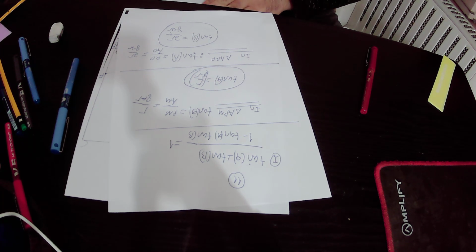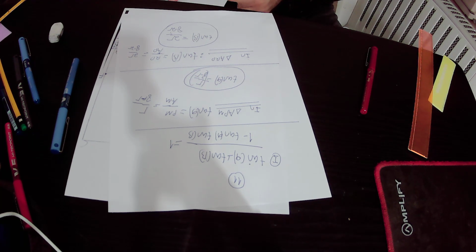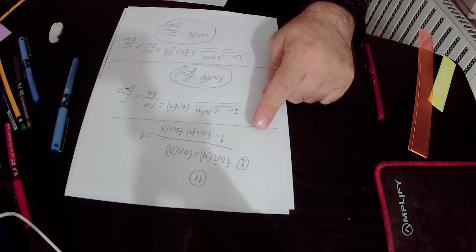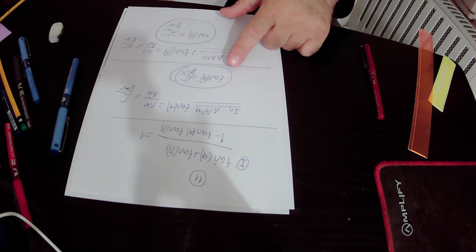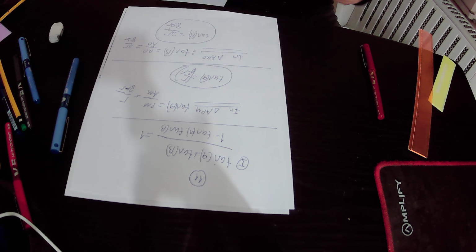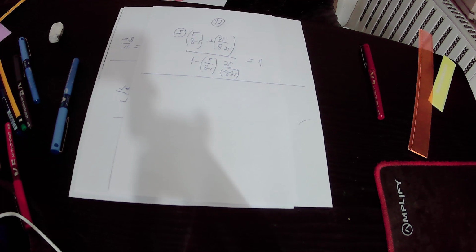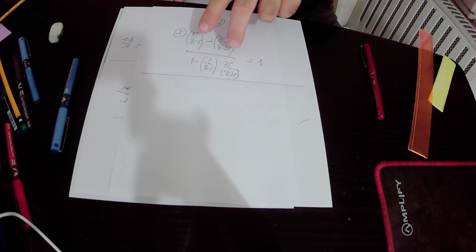So we substituted tangent alpha and tangent beta in this equation number 1 by those two values, and we got this expression. So here we'll take out a common factor for those two expressions, and we will also take a common factor for 1 and this expression.